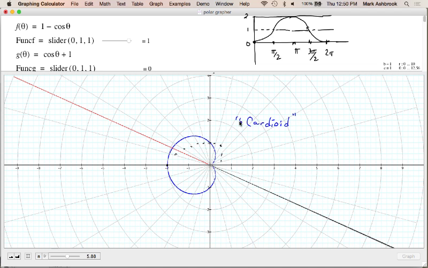Cardioid, root for what? Heart, right? Because it's like a heart kind of on its side. So that's a cardioid. Okay, so those are easy ones.